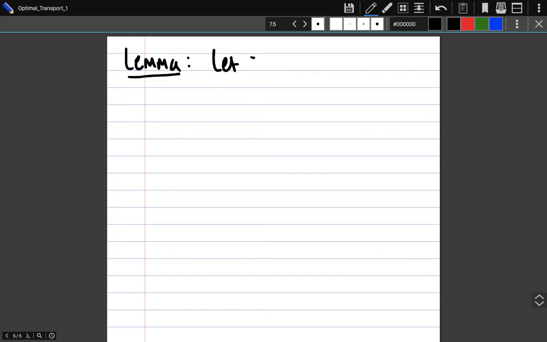So let T be a map that goes from X to Y, and then let's take another map, S, which goes from Y to Z. Both of these are measurable.